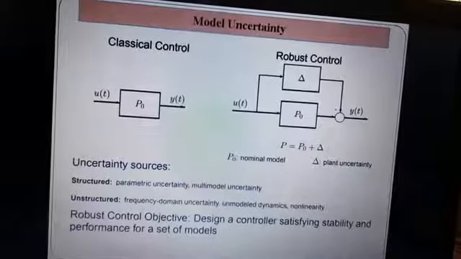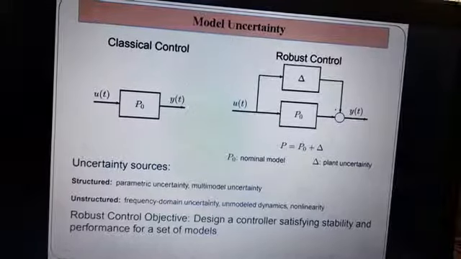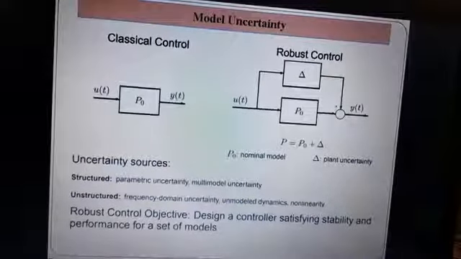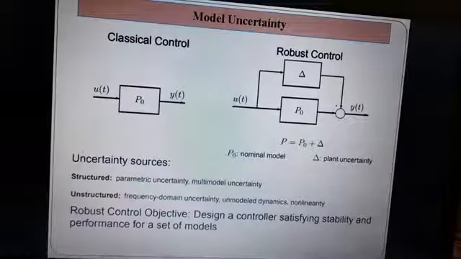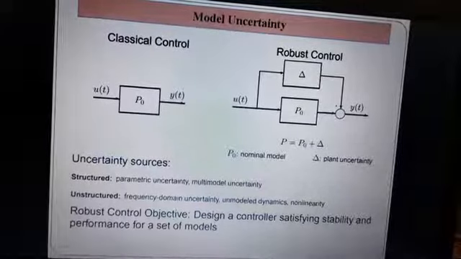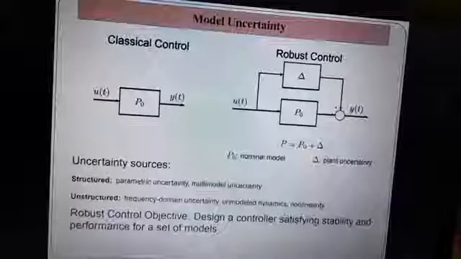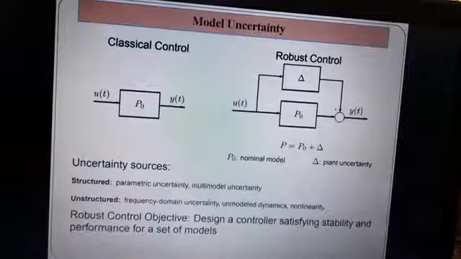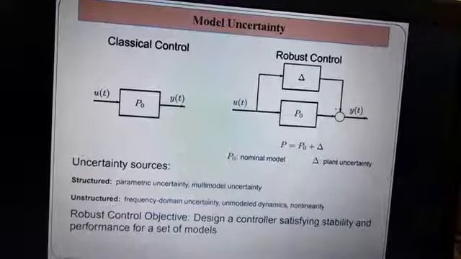But in case of a robust control system, because you have to establish the robustness property of your proposed controller in terms of plant uncertainty, we obtain an uncertain model, where we add some uncertainty to the plant. The nominal plant will be considered here, that is P0.